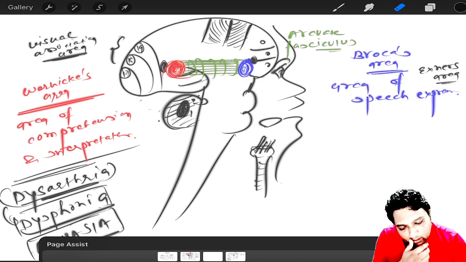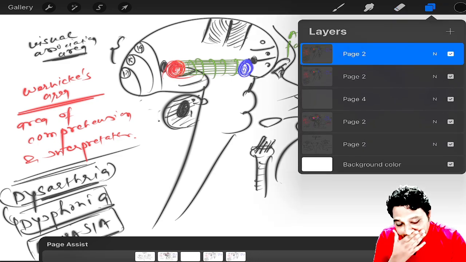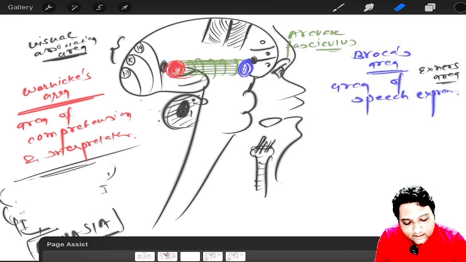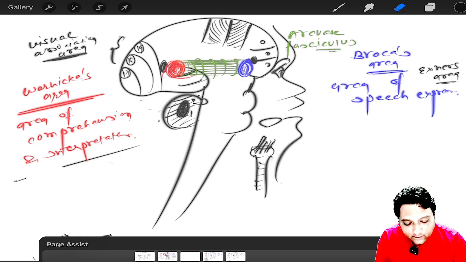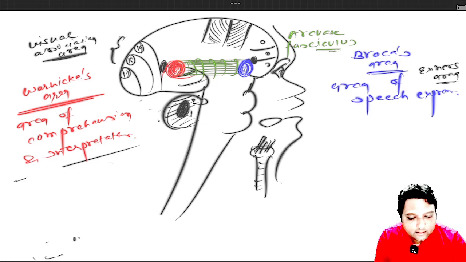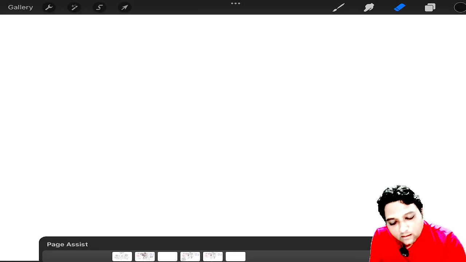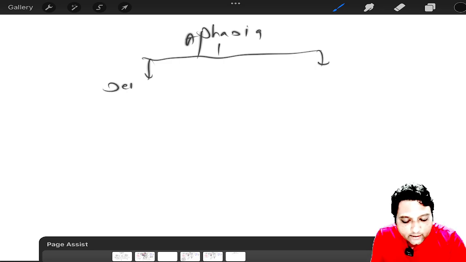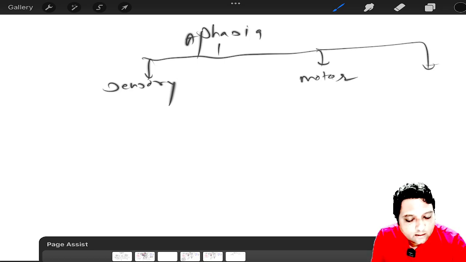Now look, aphasia has three types: sensory aphasia, motor aphasia, and third is global aphasia.